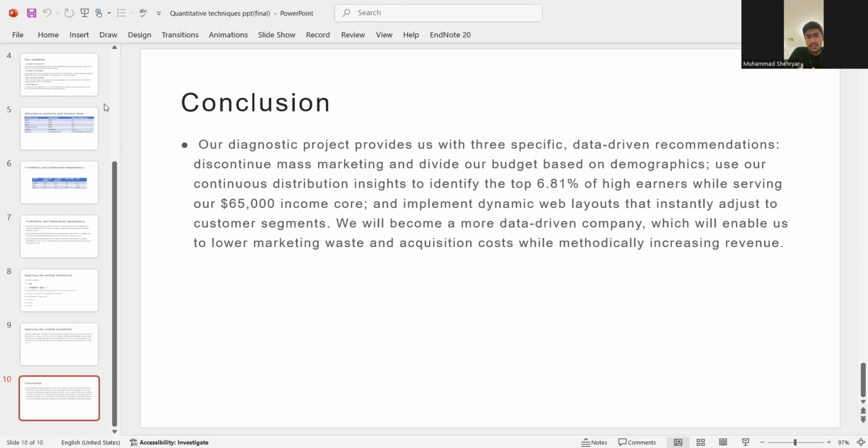Use our continuous distribution insight to identify the top earners; as we discussed in the previous slide, 6.81% are high earners, while serving the core over 65,000 income, and implement dynamic web layouts that instantly adjust to the customer segments.